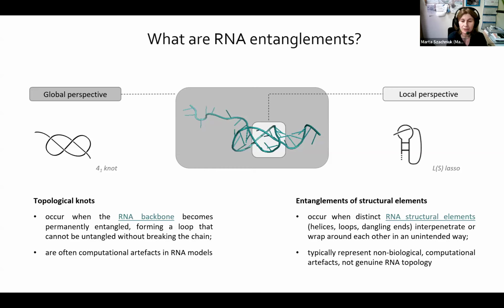So when I talk about entanglements of structure elements in this talk, I will consider this local perspective. I will look at the structure just locally, focusing on some structural elements.